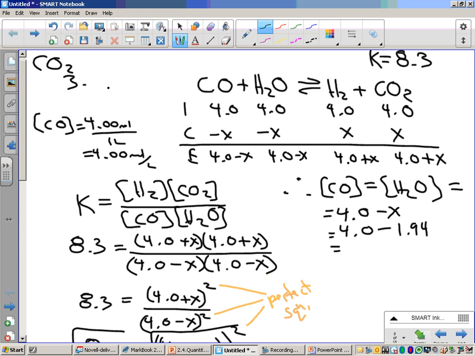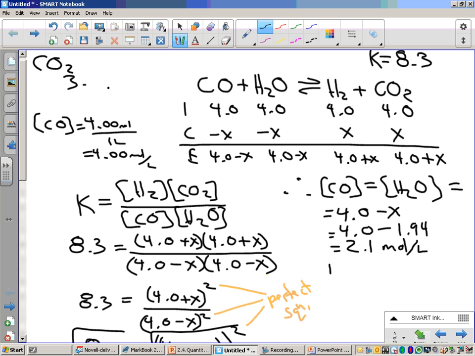Let's round back now to 2.1 moles per liter. That's the last step in doing these problems, substituting it back in and then solving it.